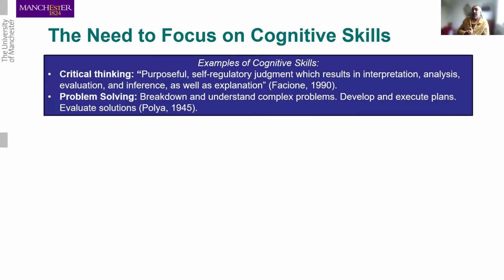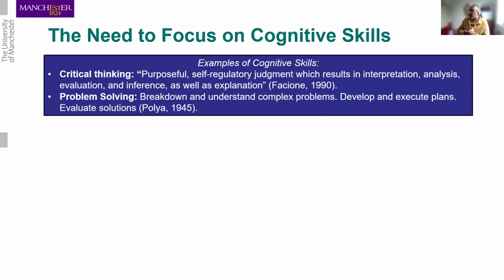So I put up two definitions, or descriptions, of these skills as can be found in some literature. The second one for problem solving is my interpretation of Pólya's heuristic. I'll leave you to read through that.